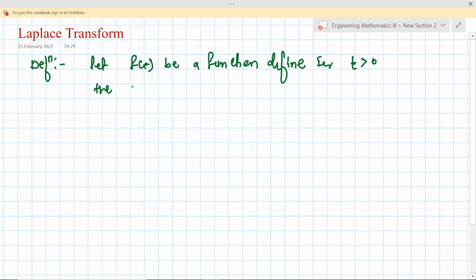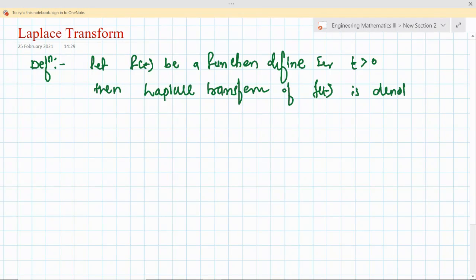Then the Laplace transform of f of t is denoted by what? Laplace of f of t.